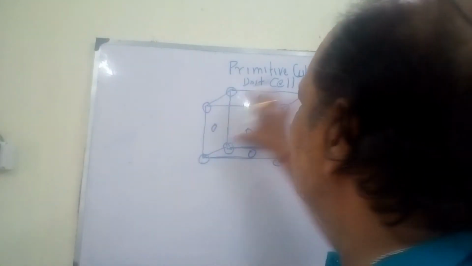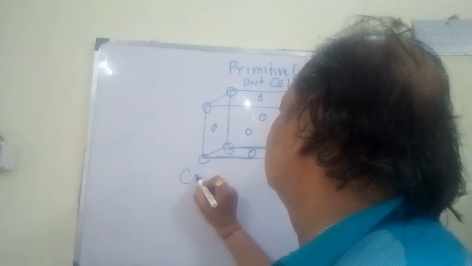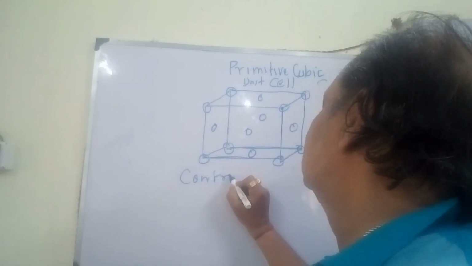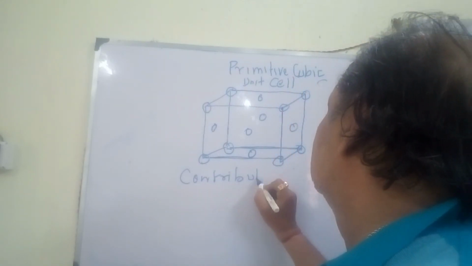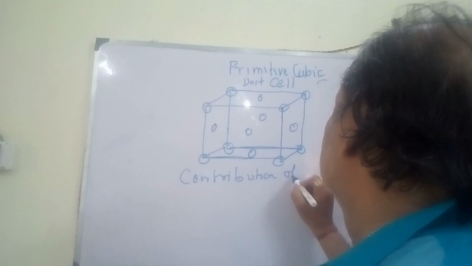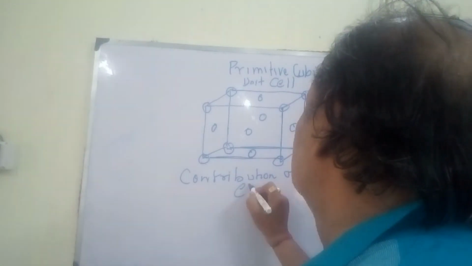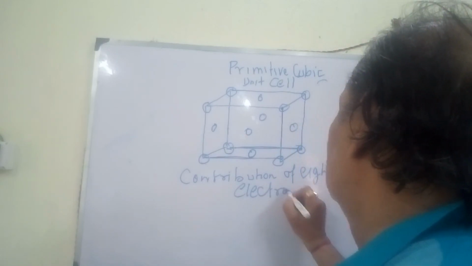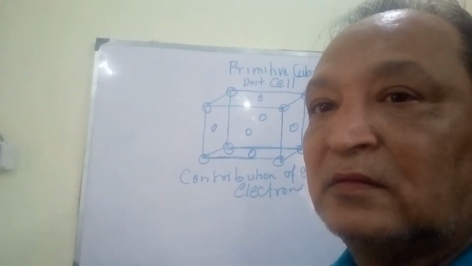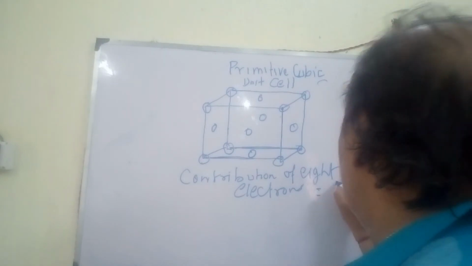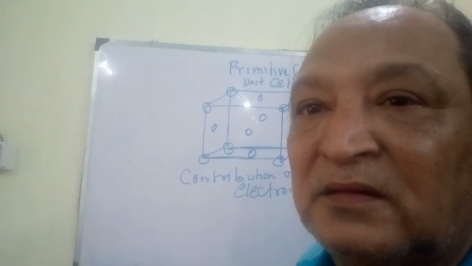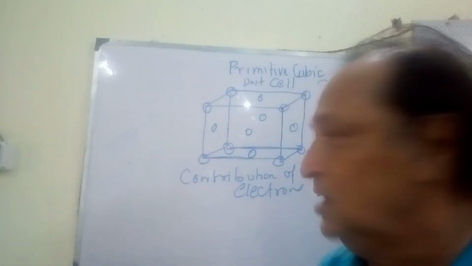Now, the contribution of 8 corner atoms is equal to 1. Clear?